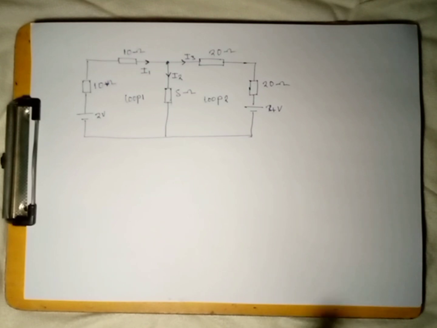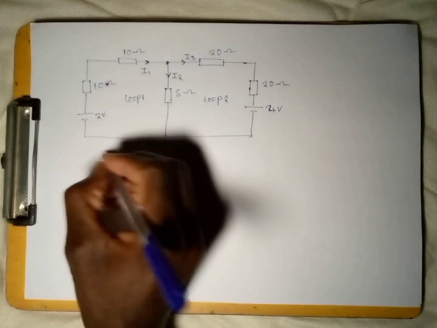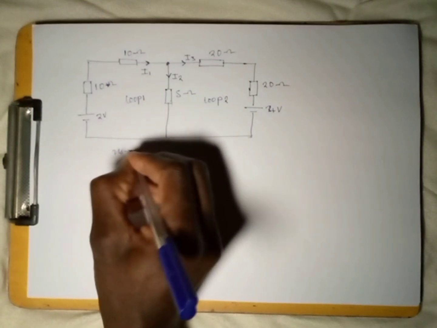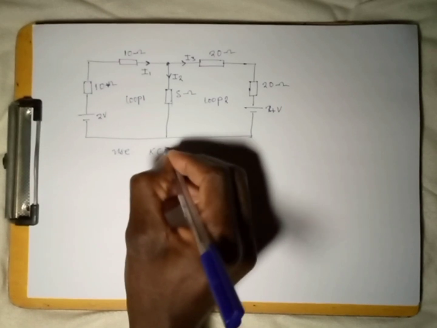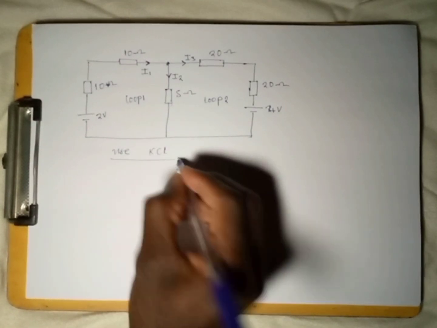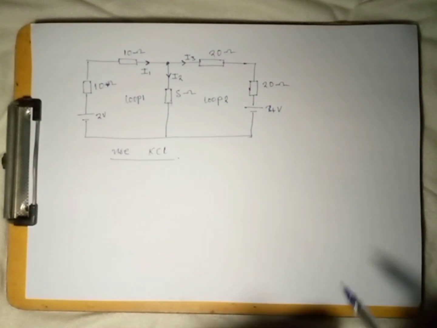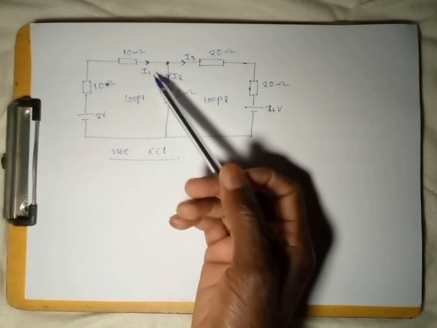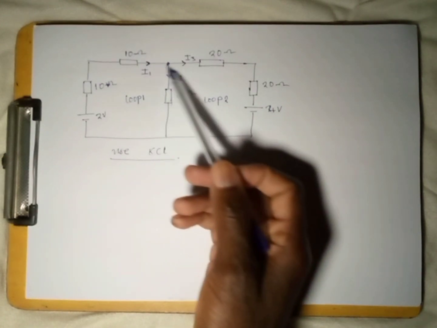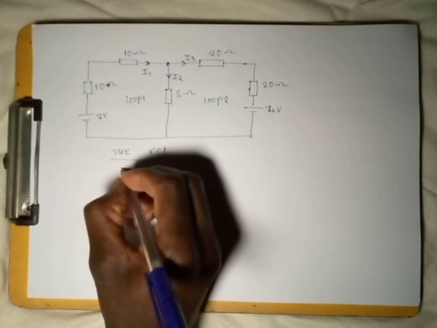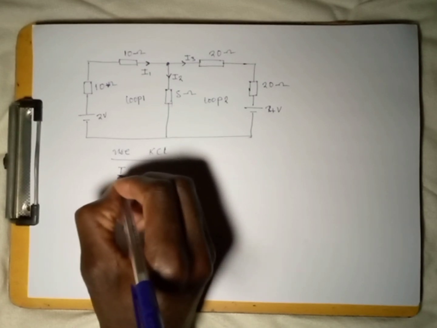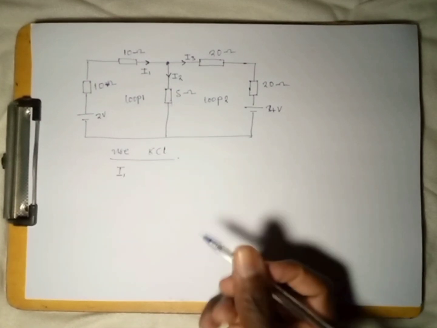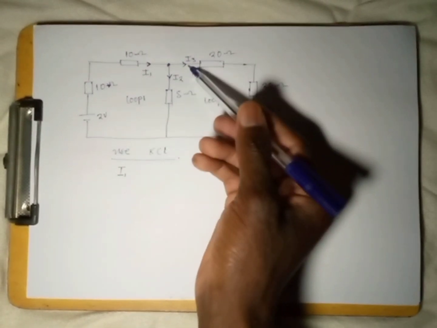How do you apply KCL? According to KCL, the summation of currents entering the junction must always be equal to the currents leaving the junction. So how many currents are entering the junction? We just have a single current, which is I1. Then these two are leaving the junction.